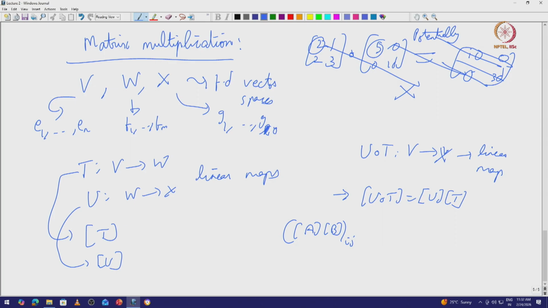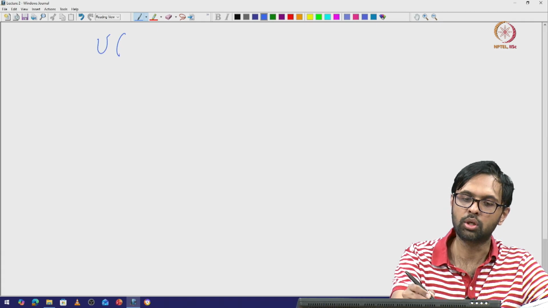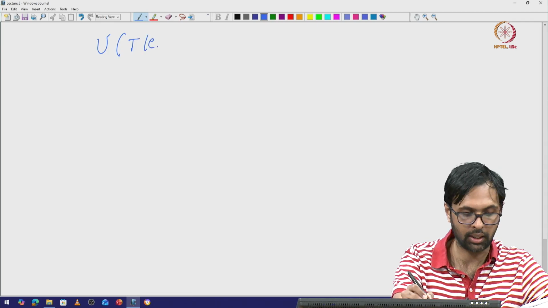The ij-th entry is the sum over k of a_ik b_kj. This is how we generally multiply matrices. And it turns out the matrix for the composition is the matrix multiplication of these two in our usual sense. That is the point of defining matrix multiplication the way we usually define it. So why is that so? It's not difficult to derive. Suppose I take U of T of, let's say, Ei.